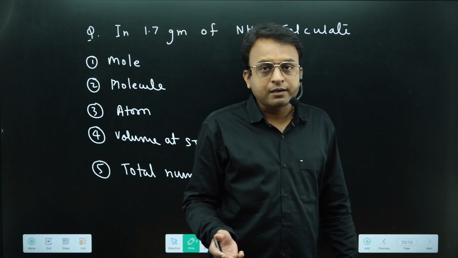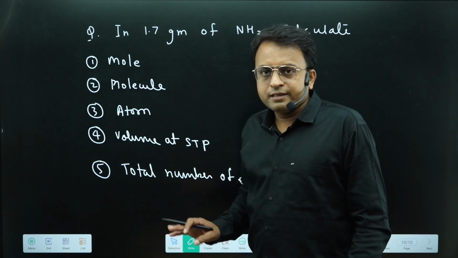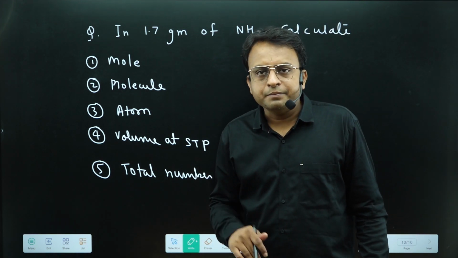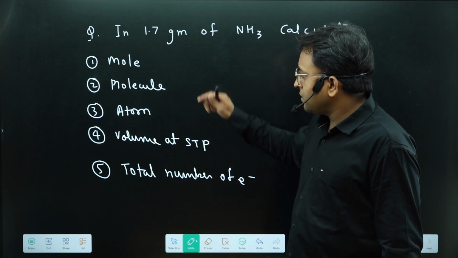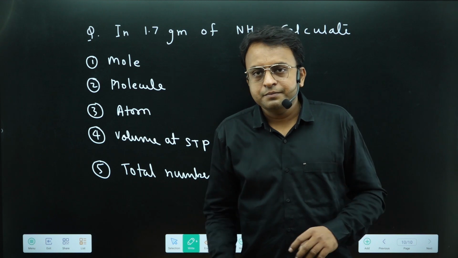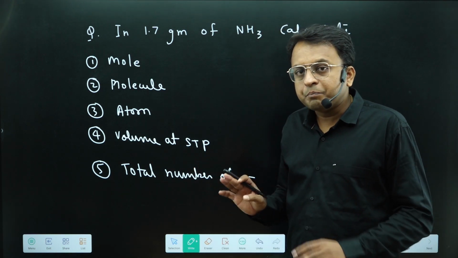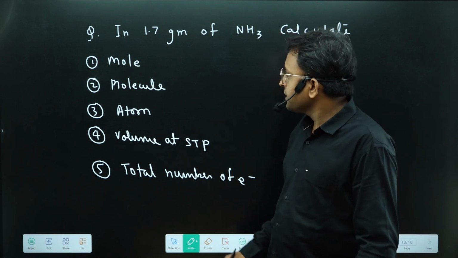There is nothing smaller than electron, and after electron, no other thing is left to find in an atom. So these are all different types of questions based on mole. Very important question. By this single question, you can understand complete mole.